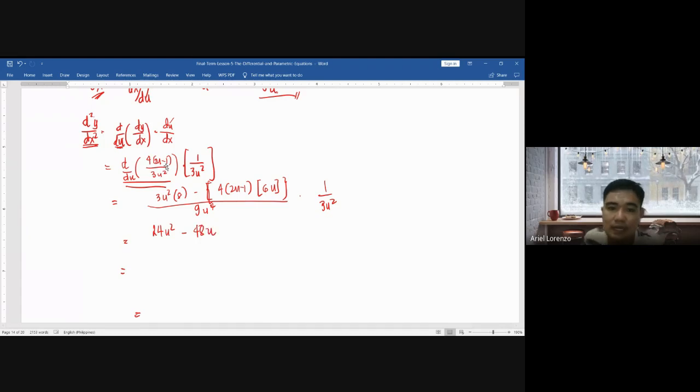Negative 48u. And then 6u times 4, so 6 times 24, negative, so plus 24u. So dapat ito is 48u squared. All over 9u to the fourth times 1 all over 3u squared. 24u squared, that is negative 24u squared plus 24u all over 9u fourth, 1, 3u squared.